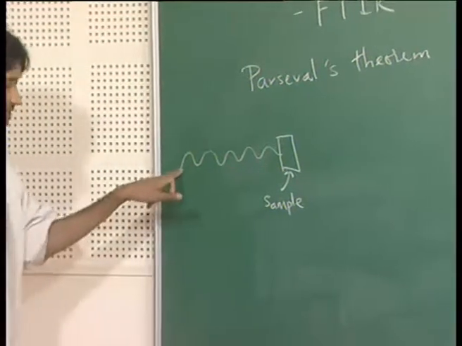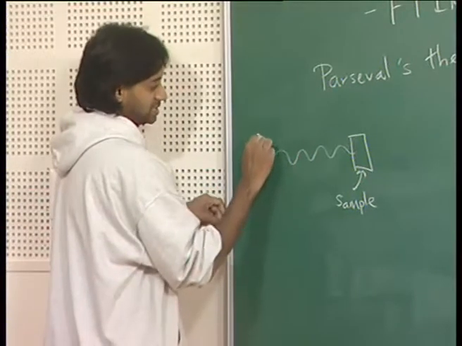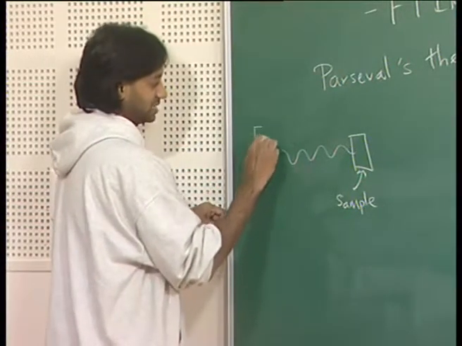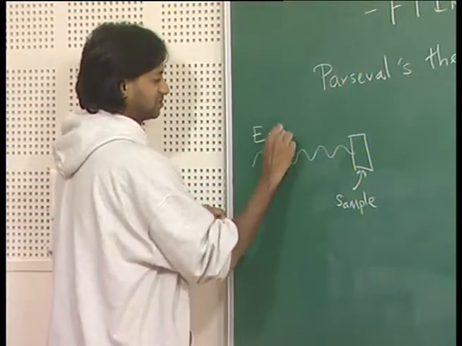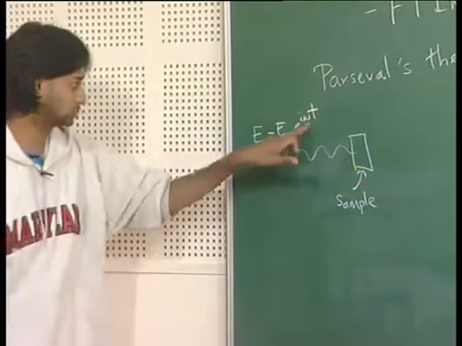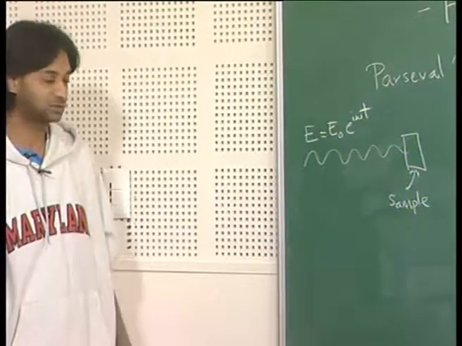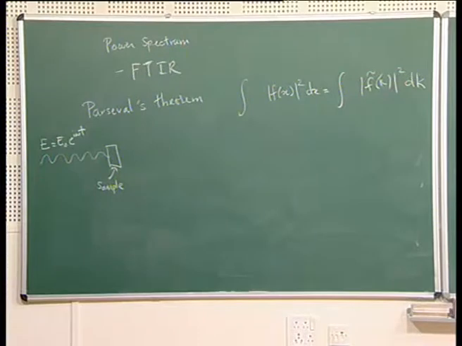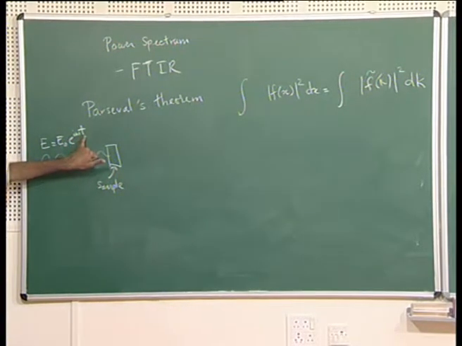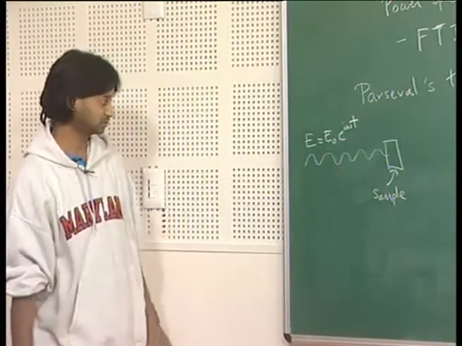Light of a certain frequency corresponds to an electric field that has the form E0 cos omega t. So, the electric field oscillates in time with this angular frequency, and you can already see that since the electric field is an oscillating function in time, something like a Fourier transform might be useful.